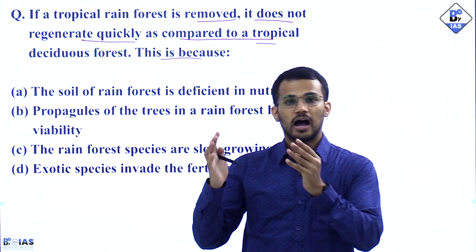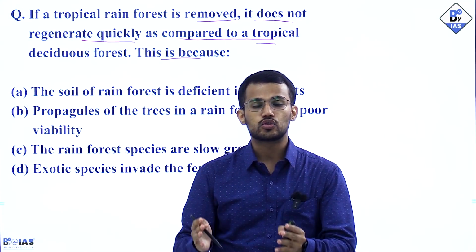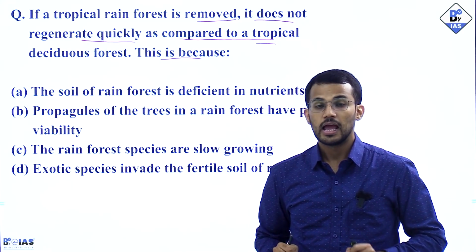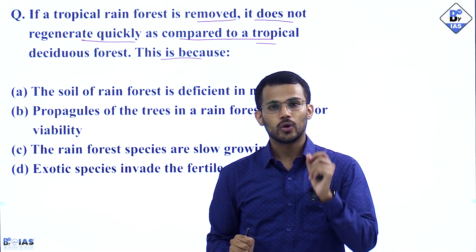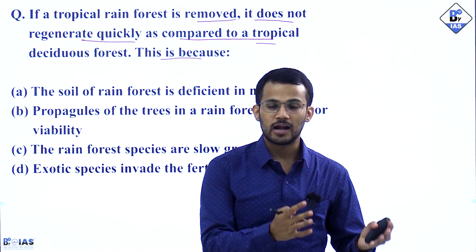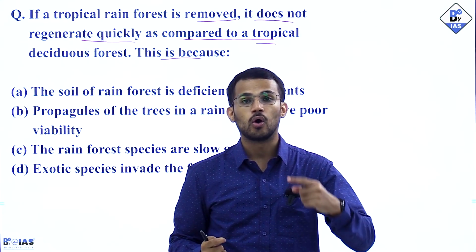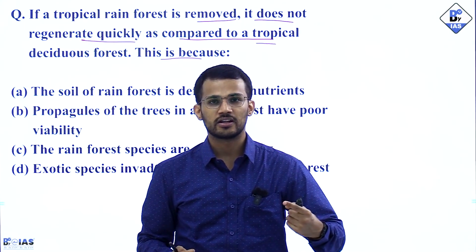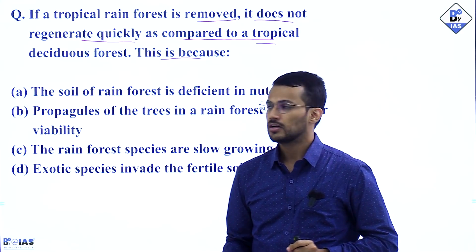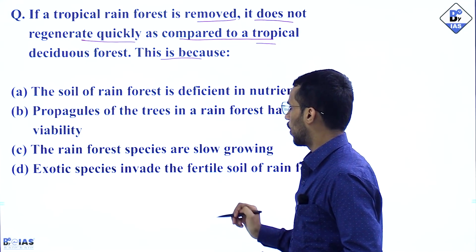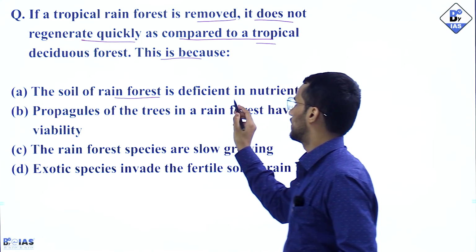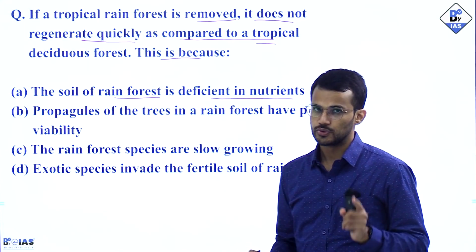Why? Because high rainfall leads to removal of nutrients from the soil. And if the soil is infertile, then the plant species will obviously take longer to regenerate if they are removed from that location. This happens because the soil in the rainforest is deficient in nutrients.